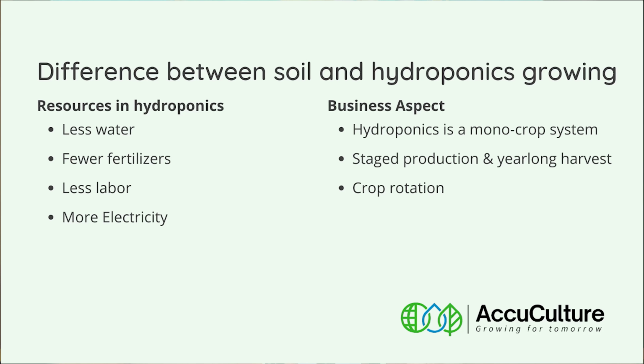Hydroponics is a monocrop system. You can only grow one crop. So if the system is built to grow tomatoes, you can only grow tomatoes. If the system is built to grow leafy vegetables, you can only grow leafy vegetables, because we are optimizing plant nutrition for one crop only. On the other hand, you can grow multiple vegetables or crops in soil.